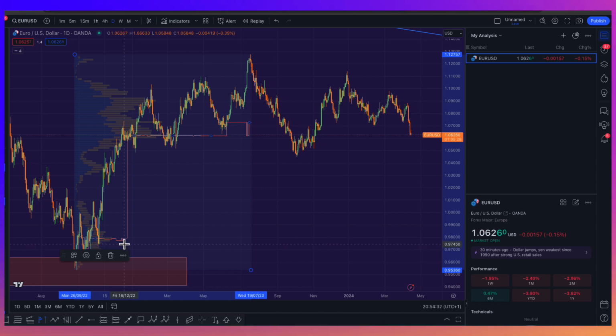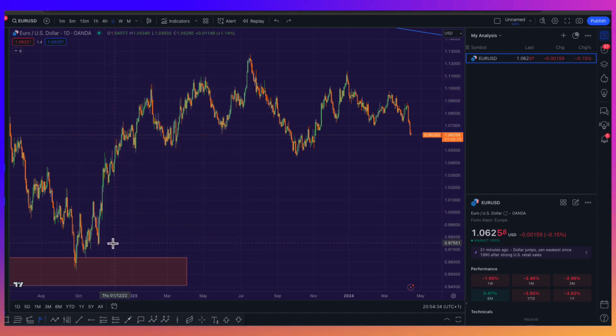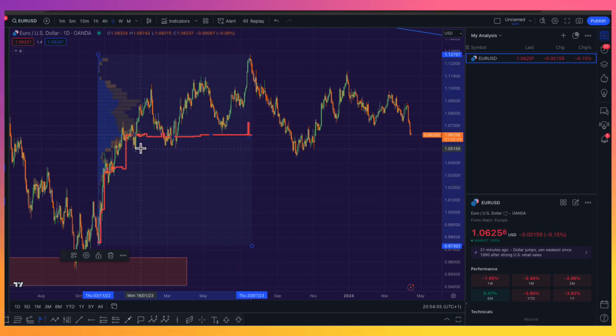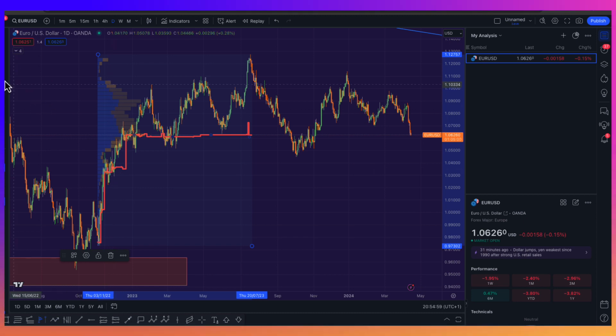Of course in this area we have a lot of movement because of this movement here, so I'm just going to start the volume profile from here rather than from here, to ignore these movements. So from here to here we can see we have two areas, and one of the main areas is this.